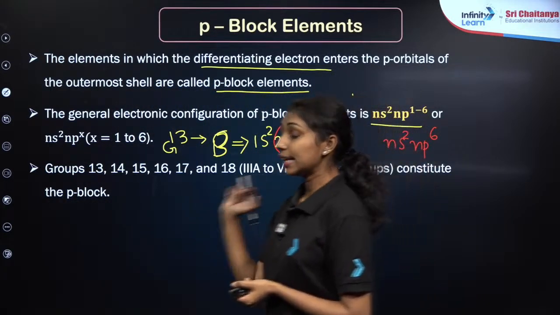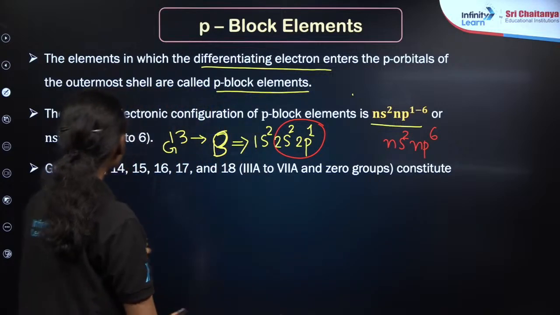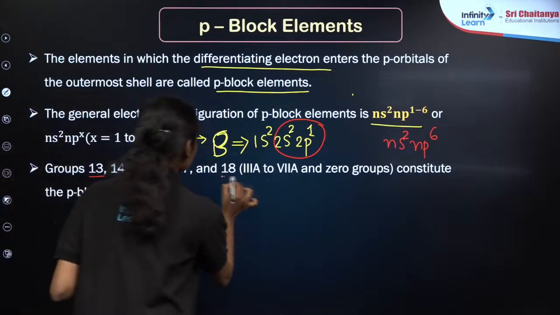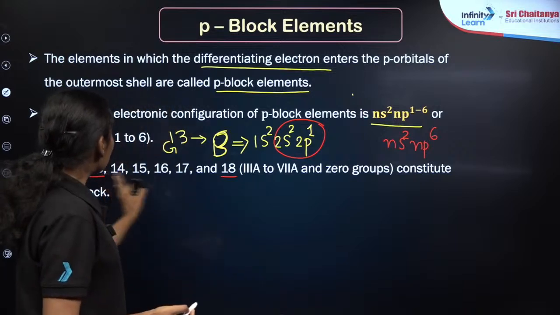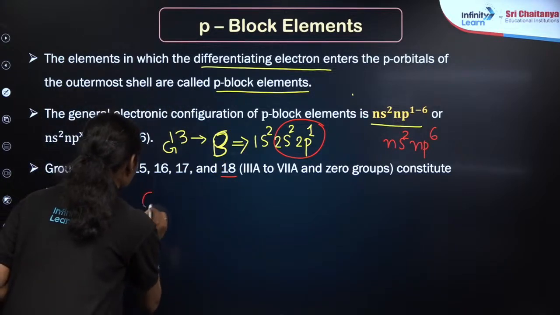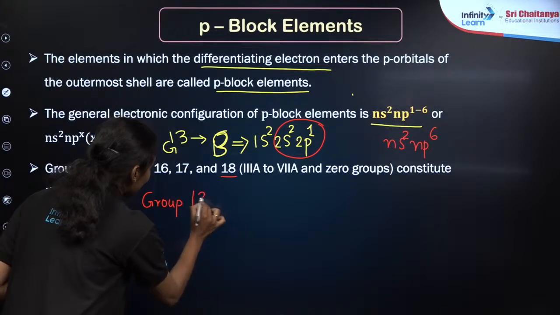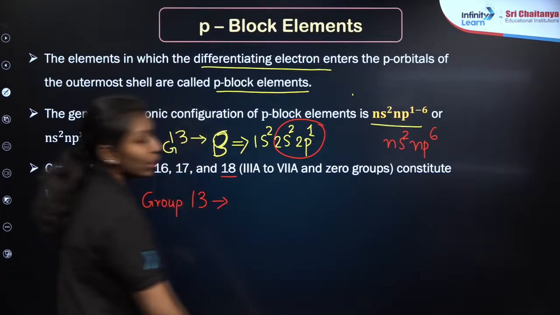And also here in the case of p block elements, as I already mentioned, the groups from 13 to 18 belong to the p block, right? And these groups have particular names. If I am taking group 13, what will be the first element in group 13? Anyone?